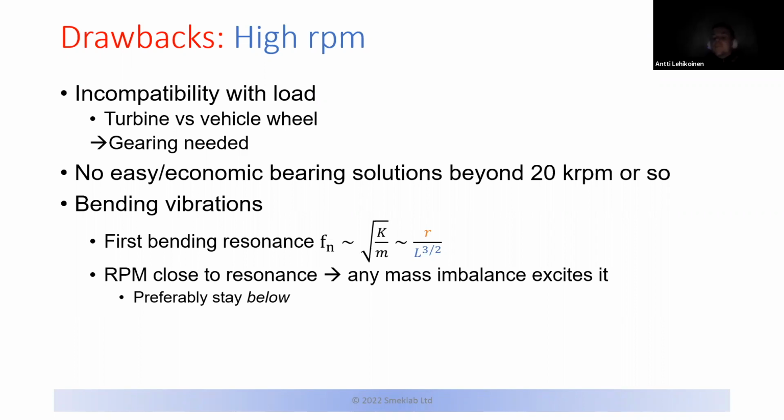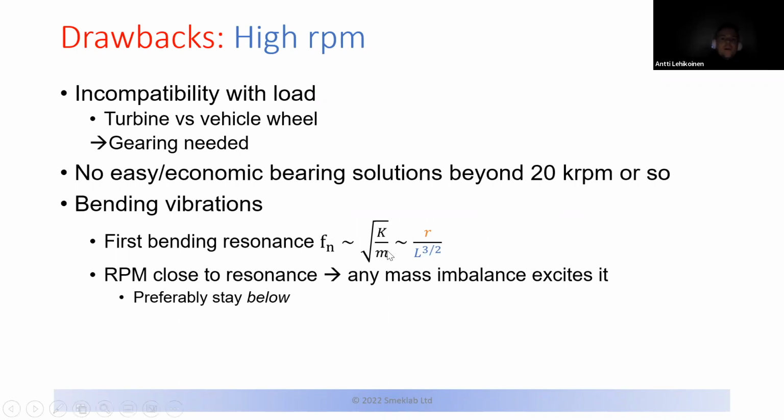So when you have a mass imbalance and you are rotating close to the natural bending mode, the centrifugal force caused by it will start exciting the bending mode, and basically your shaft and the rotor set will start vibrating. And that's not a good thing. That's something that you definitely don't want. So ideally, you would operate your machine below the first bending resonance.